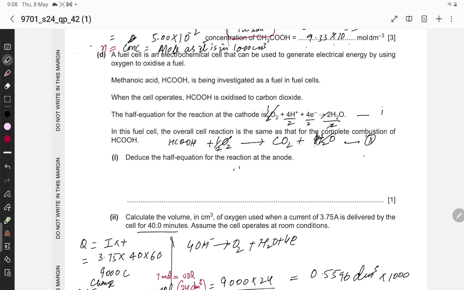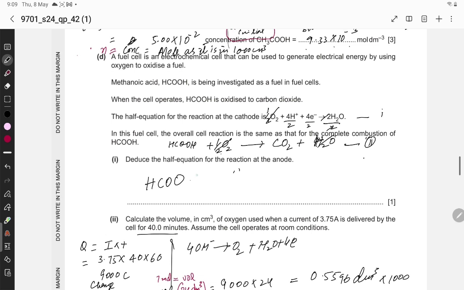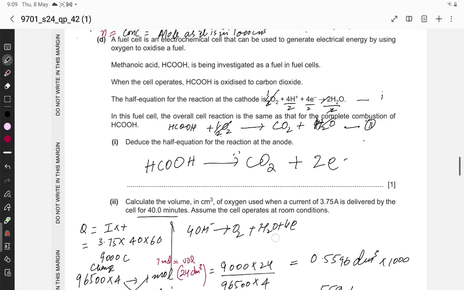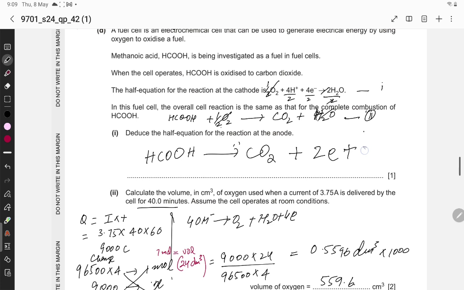And we know HCOOH forms CO2 plus 2 electrons plus 2H positive.